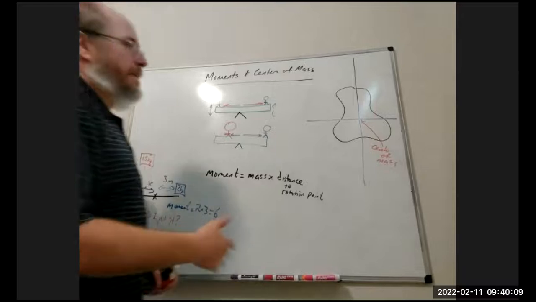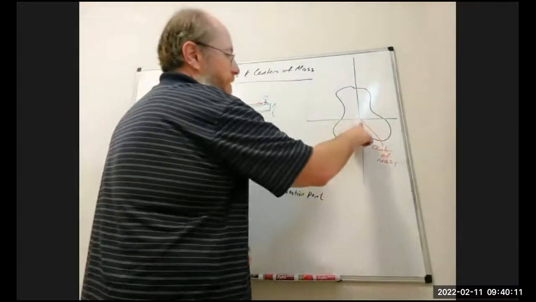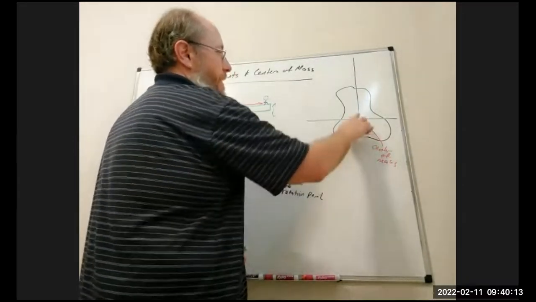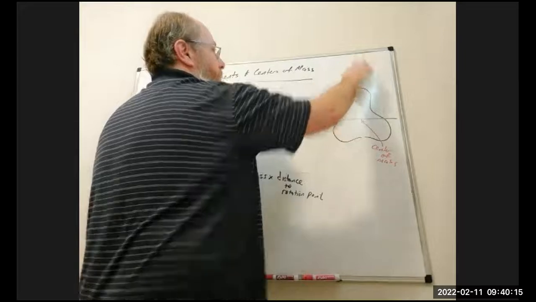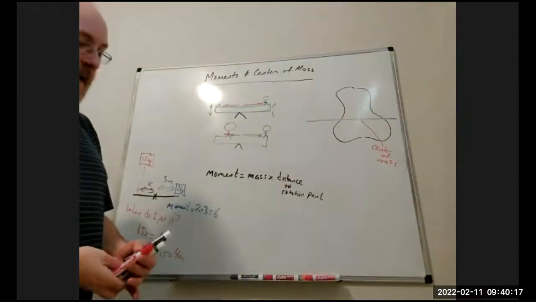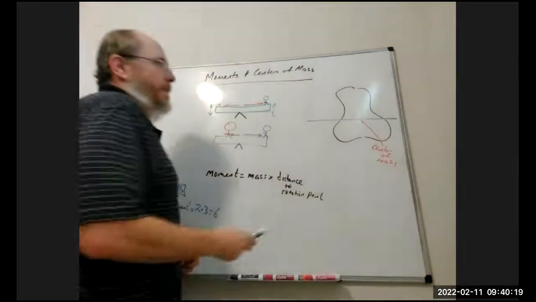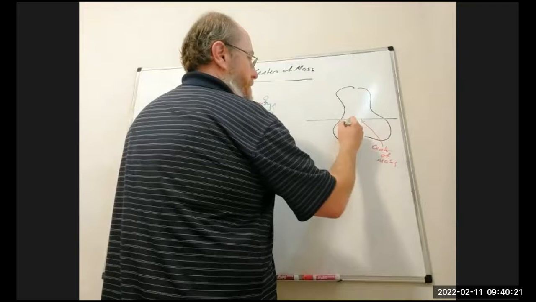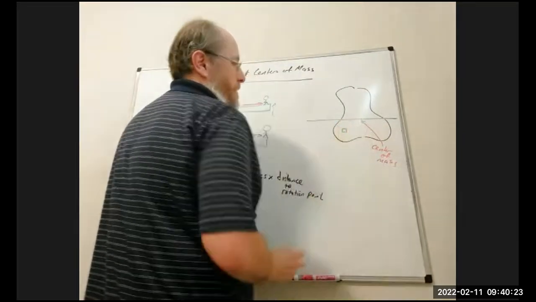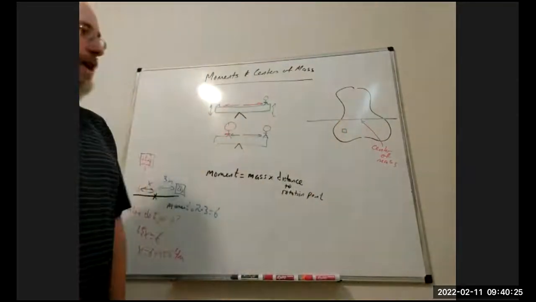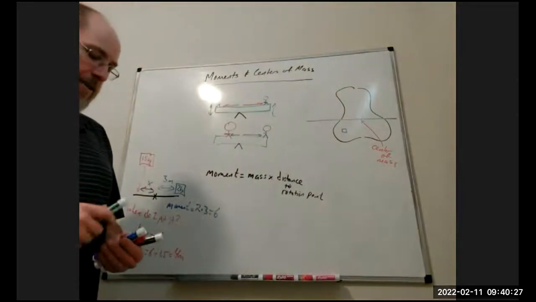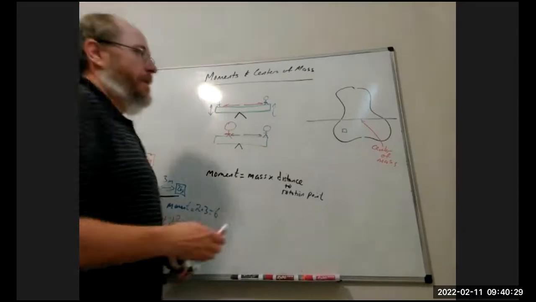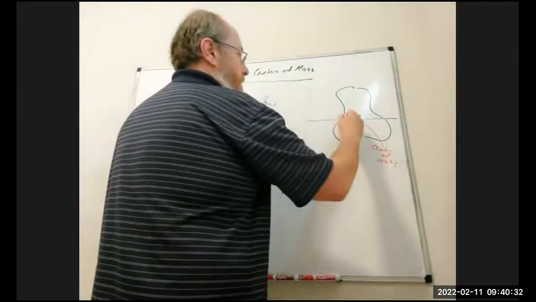Well, if we just come back to one of these axes, so let me erase this one for a second. The way we're going to actually find that axis is by looking at the moments of all the little pieces. So think about this little chunk right there. It's got a certain mass, and it's got a certain distance away.